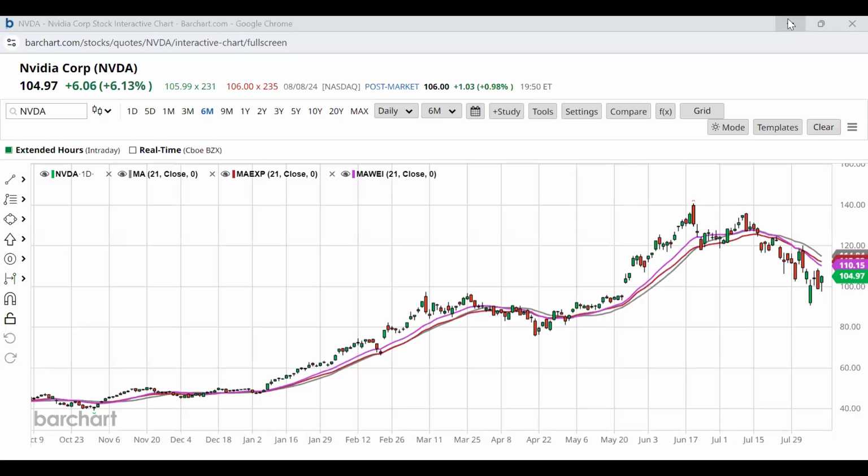The difference between the simple, exponential, and weighted moving average is like this: if something happened 10 days ago, is it more important? Or if something happened 1 day ago, is it more important? Obviously, if something happened 10 days ago, it's not that important. If something happened 1 day ago, that is more important.